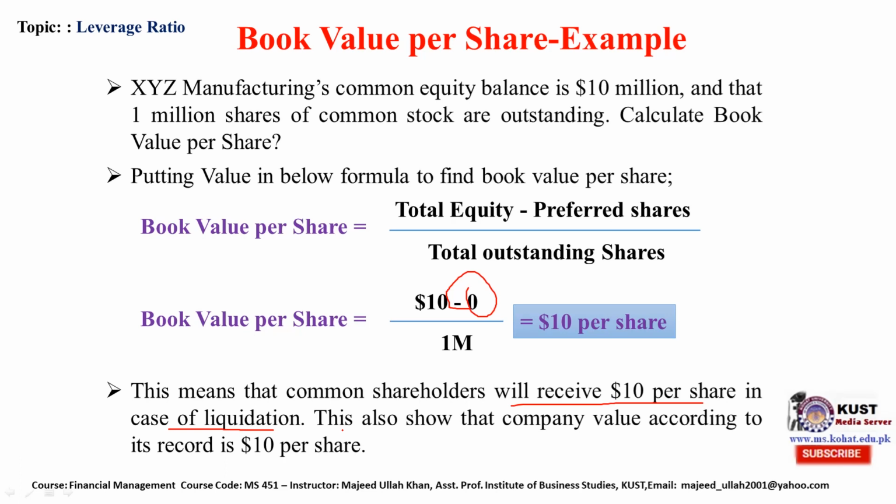This also shows that the company's value according to its records is $10 per share. It means the book of the company, the balance sheet, shows that one share value is $10 per share. In other words, if the company goes bankrupt or is liquidated, after fulfilling the claims of all stakeholders, the common shareholder will receive $10 per share.